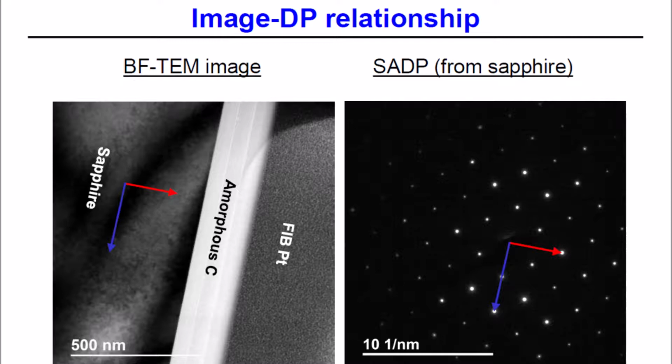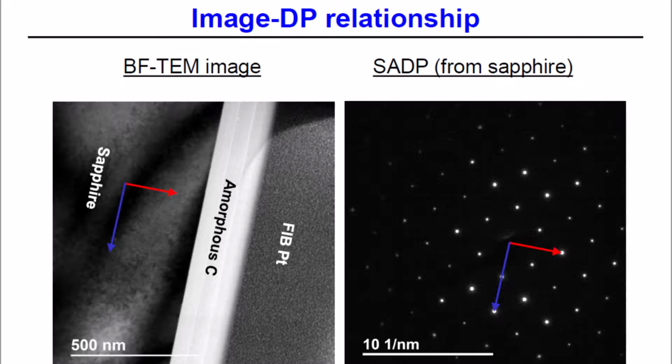What we're often interested in when we're doing TEM and diffraction is the relationship between the diffraction pattern and the image. Without going into a lot of detail, when you're looking at the diffraction pattern from a sample, you are in effect looking at its reciprocal lattice, or reciprocal space.